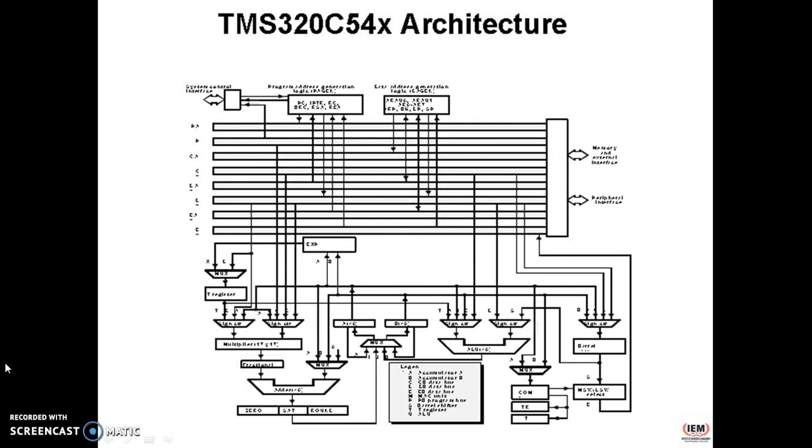Now detailing the architecture, here we discuss the TMS320C54 series. The C54 DSP uses an advanced modified Harvard architecture that maximizes processing power with 8 buses. Separate program and data spaces allow simultaneous access to program instructions and data.